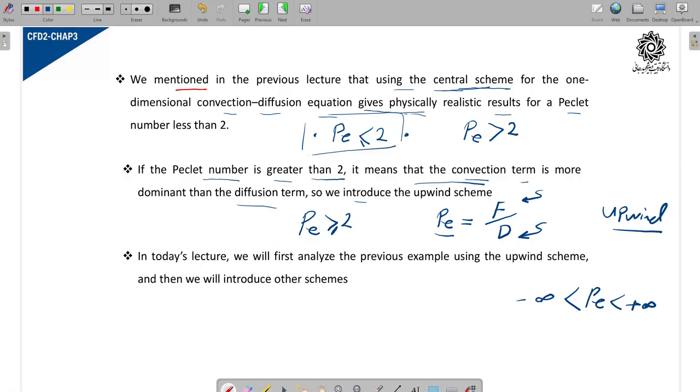In today's lecture, we will first analyze the previous example using the upwind scheme, and then we will introduce other schemes such as QUICK, hybrid, power law, and second order upwind scheme.